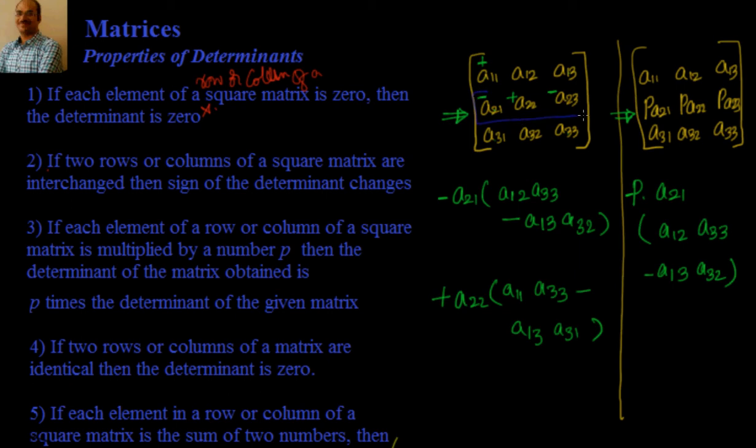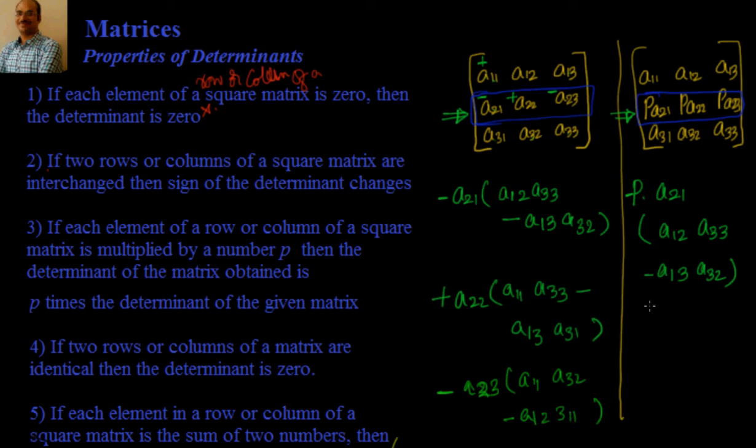Which row am I working on? I am working on this row for the determinant in both the places, so that we don't have any confusion there. Now what is left out? The next one is minus A23 into, if I remove that row and that column, A11 A32 minus A12 A31.